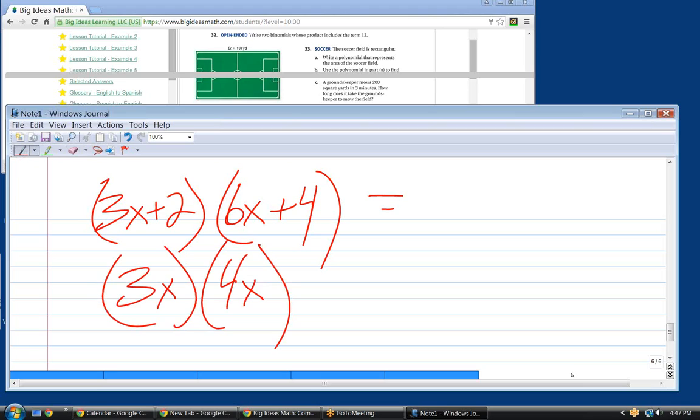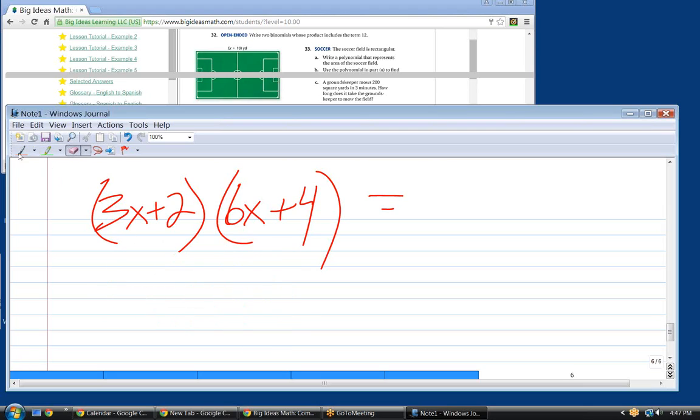I just meant replace 6x with 4. If I replace that with a 4, we're guaranteed to have a 12 in the answer.